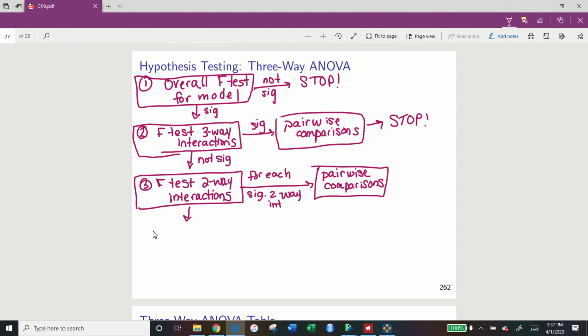If our test for our two-way interactions is not significant, we then would complete the F-test for our main effects.